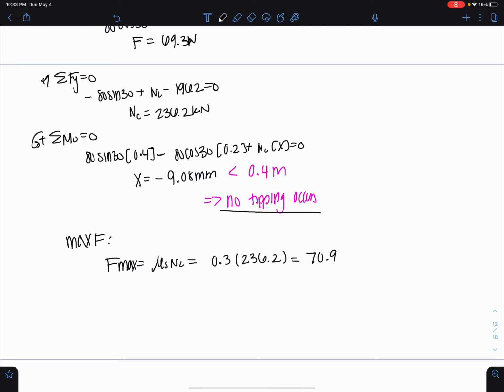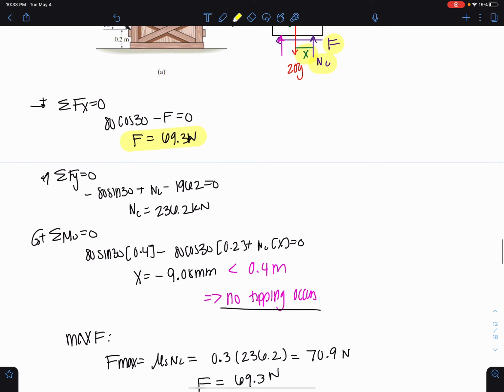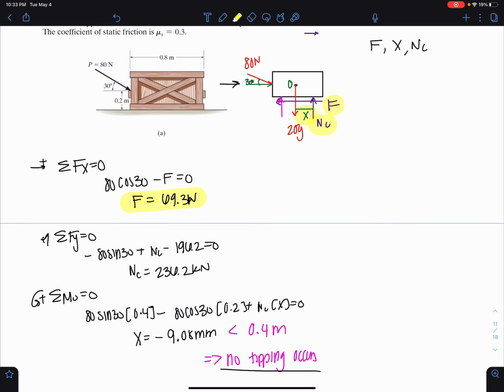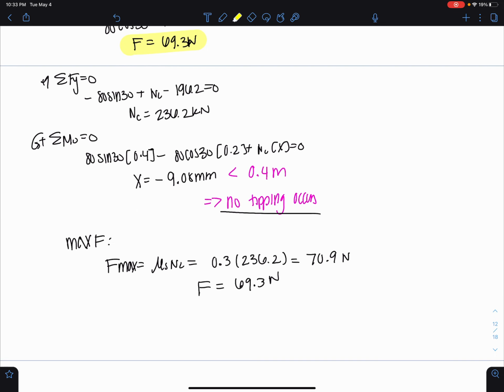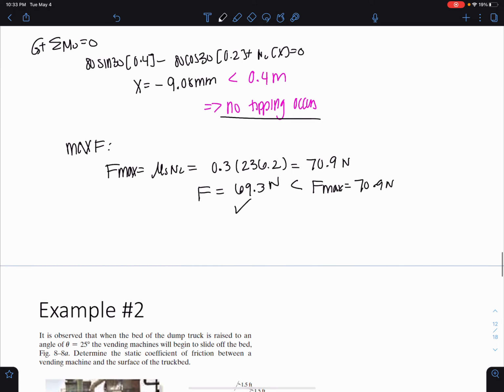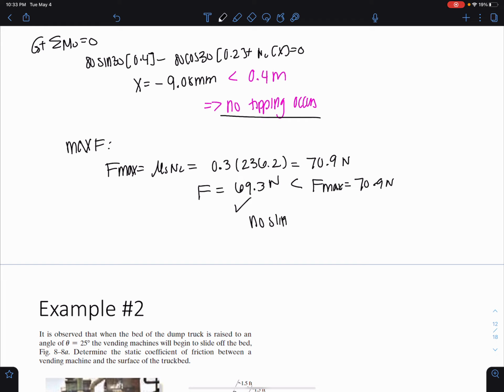No, this is 70.9, but our F force is 69.3. This F here, my force of friction, is less than the max friction, right? It's less than F max for static friction of 70.9, so we're good. No slipping. It's very close, but no slipping occurs. We're still static. Okay.